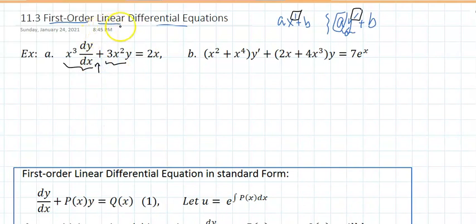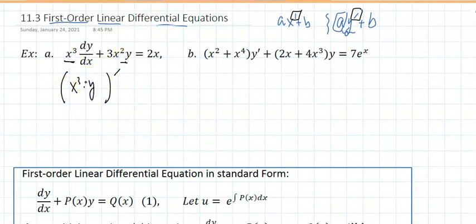You'll notice that x cubed times a derivative of y, and 3x squared is the derivative of x cubed, and y prime is the derivative of y, indicating that, look, somebody must have taken the derivative of x cubed and a y.